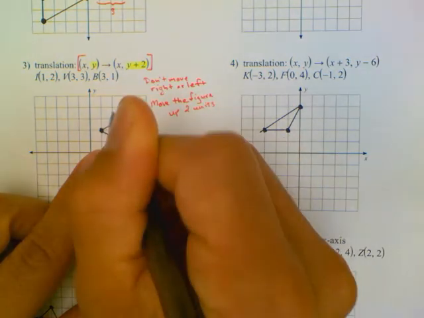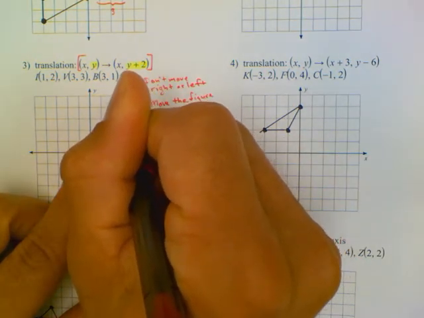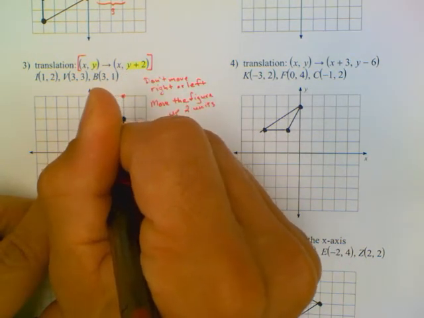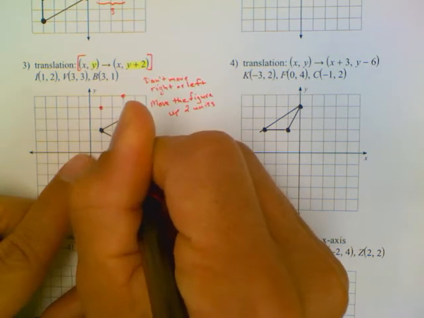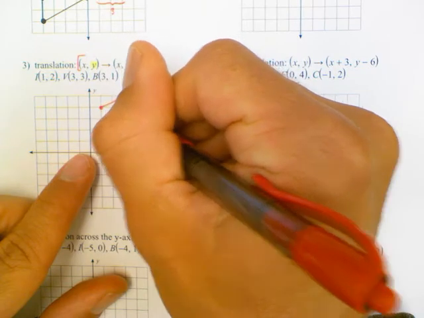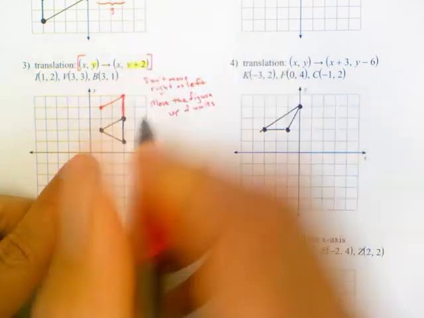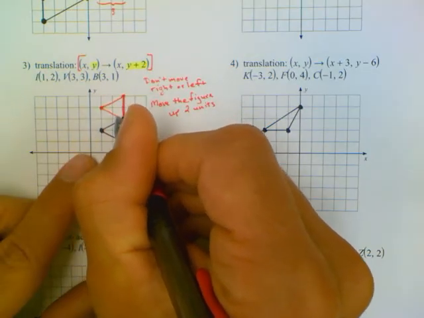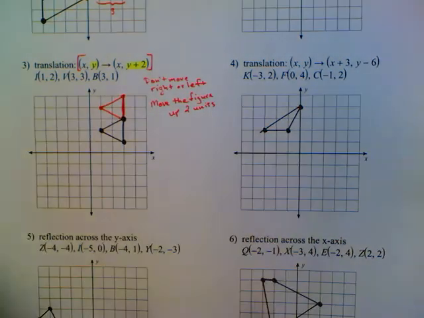All right, so 1, 2, 1, 2, 1, 2. And that last one's a little bit odd because it lands on the original pre-image. So, but don't let that one throw you off.